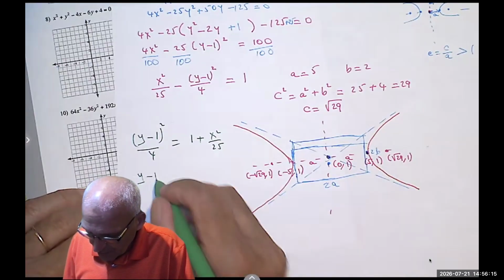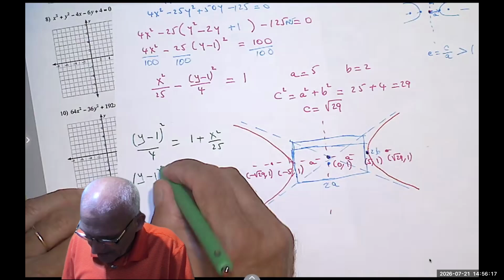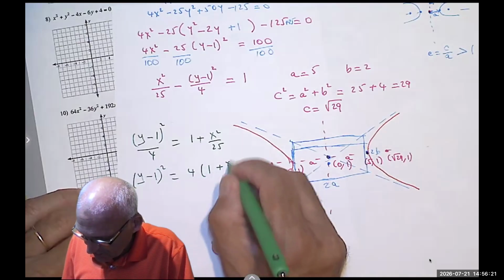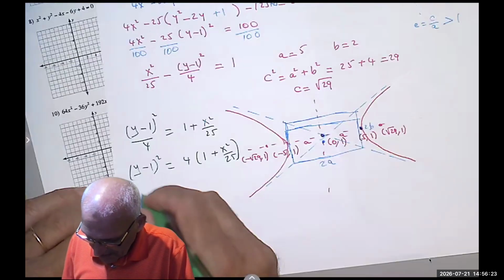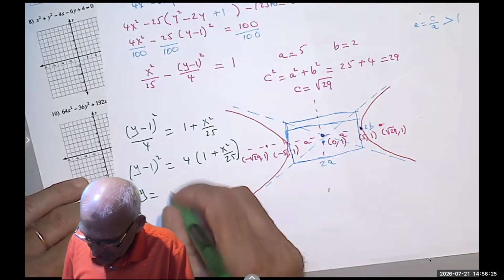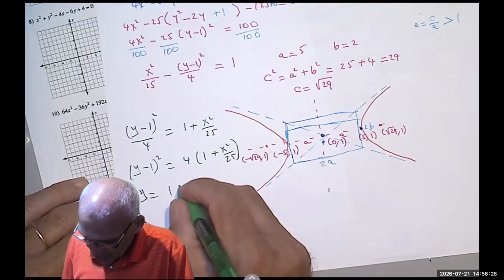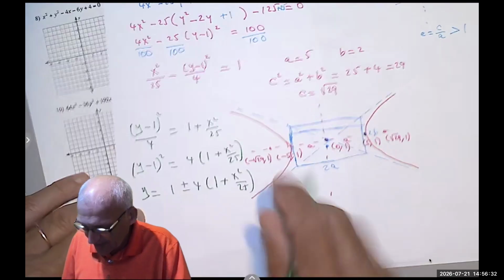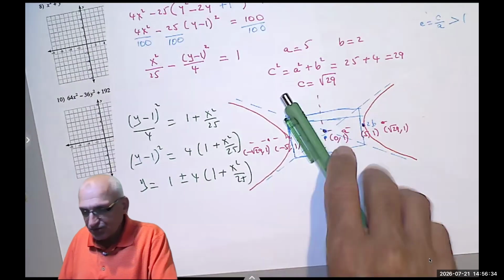So (y minus 1) squared is 4 times (1 plus x squared over 25). And y equals, when I take the square root, 1 plus or minus the square root of 4 times (1 plus x squared over 25). So I can plot that, two graphs.